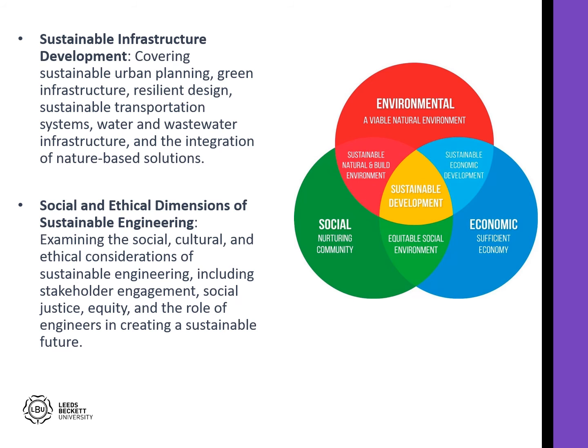All of this is part of sustainable infrastructure and development, as well as social and ethical dimensions of sustainable engineering. Obviously, with the social and ethical dimensions, we're examining the social, cultural, and ethical considerations of sustainable engineering, including stakeholders, social justice, equality, and the role of engineers in creating a sustainable future.